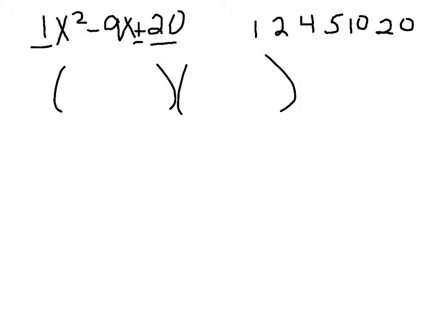I have a positive sign here and a negative sign here. That means they're both going to be negatives. Okay. What 2 numbers out of this list multiply together to get 20, but when I add them together, they're going to get 9? 4 and 5. Since both my signs are negative, it doesn't matter where I put them. And there I go.